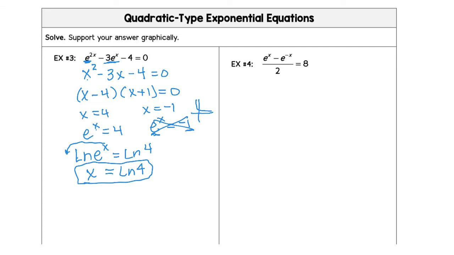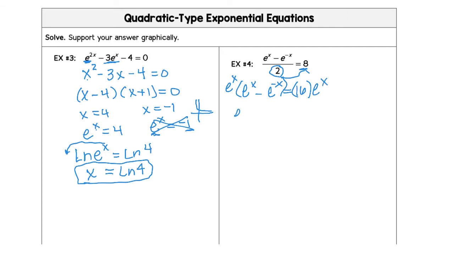All right, and so for our next problem, very similar. We are going to take 2 and multiply that over here. So we have e to the x minus e to the negative x equals 16. And then that e to the negative x, we don't like that. So we're going to multiply everything by e to the positive x to get rid of it.